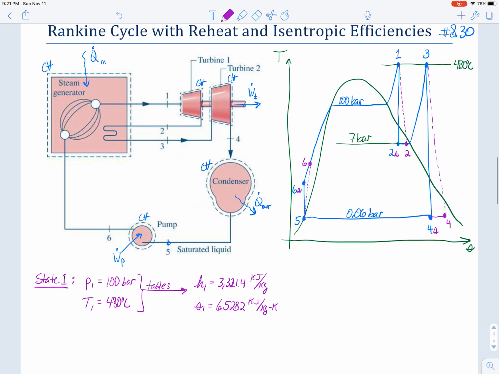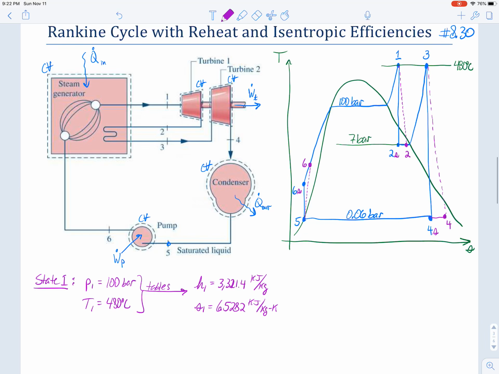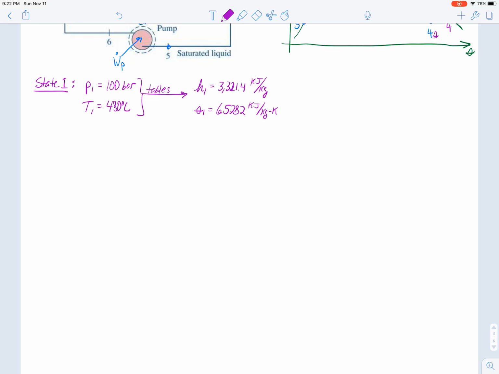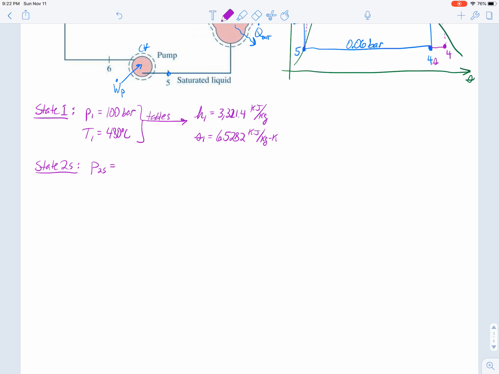Okay, state 2 I can find using state 2s, which is isentropic performance of the turbine, and then I can also use the isentropic efficiency equation. Let's do that. State 2s, I know that the pressure at state 2s is equal to 7 bar.